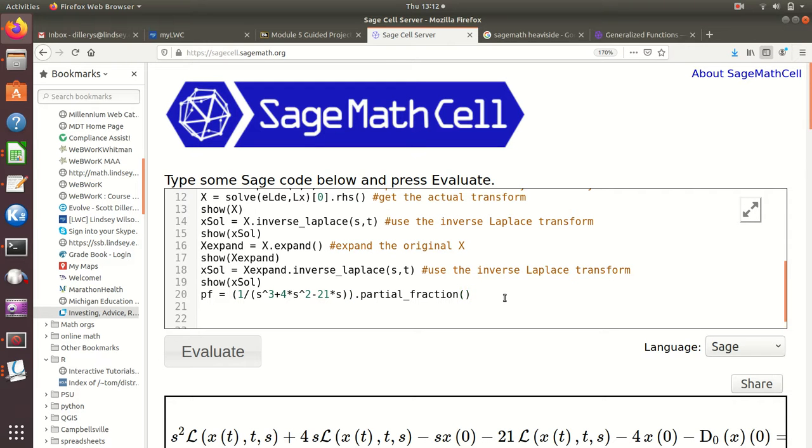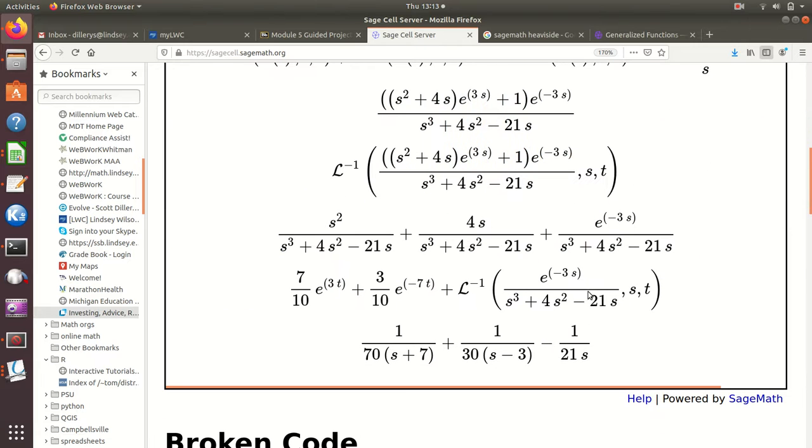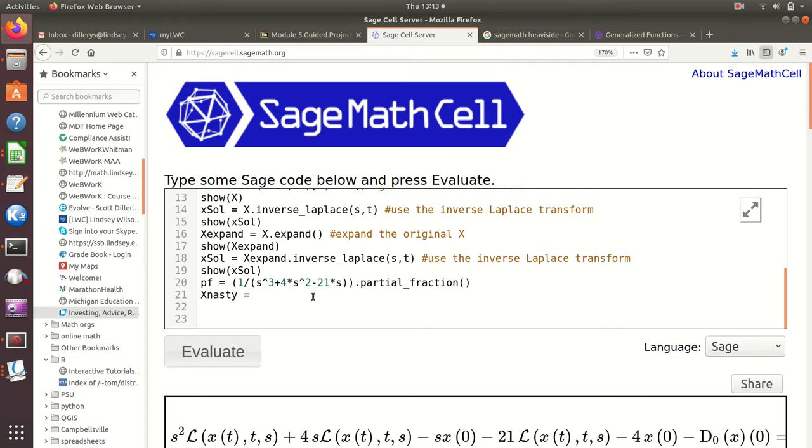Then I am going to do something like x_nasty, which could be a bad thing, is equal to e to the minus 3 times s, and then times that partial fraction part.